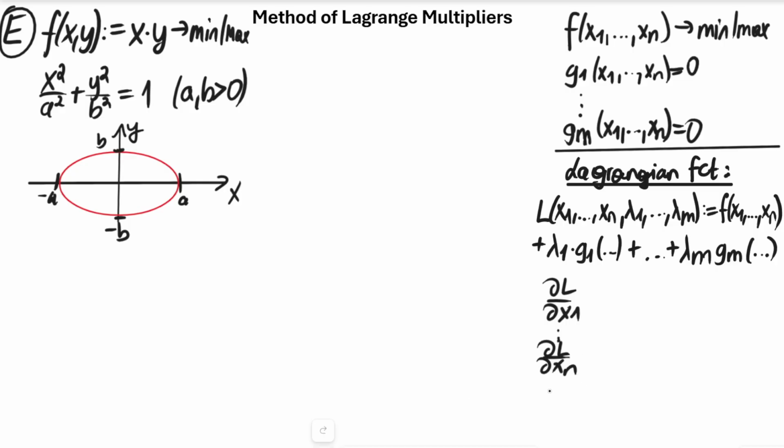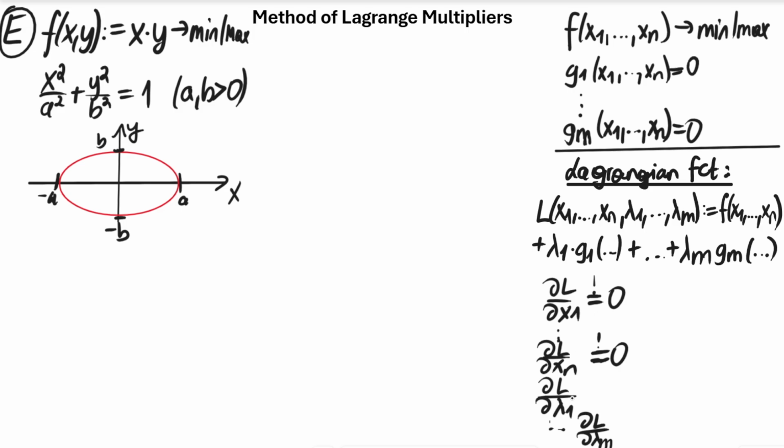And also you then need the partial derivatives with respect to the new parameters, lambda 1 down to lambda m. So the first partial derivatives are set equal to 0. This is how you get a minimum or a maximum of a function.